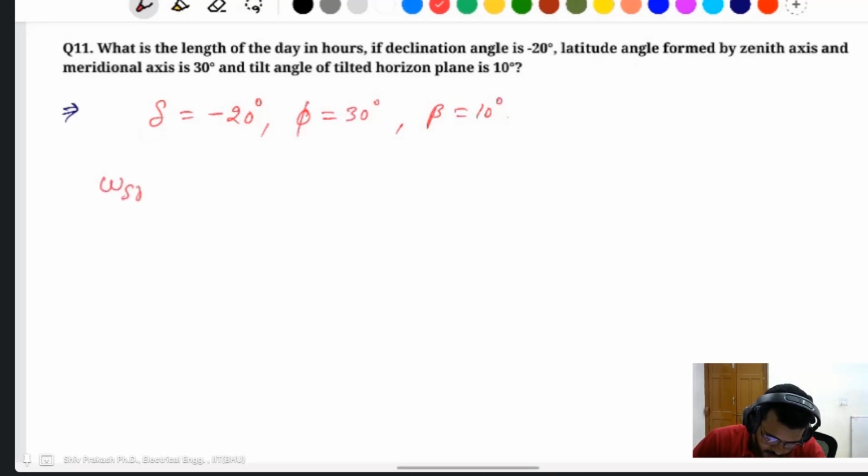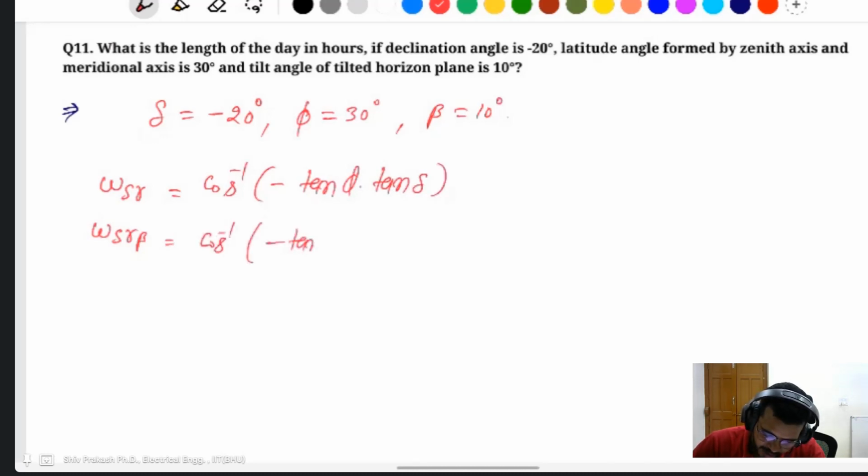There are two formulas: omega SR is cos inverse of minus tan phi tan del. The second is omega SR beta, cos inverse of minus tan(phi minus beta) into tan del. This one is with tilt, and the first is without tilt.